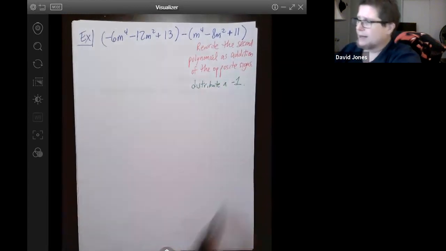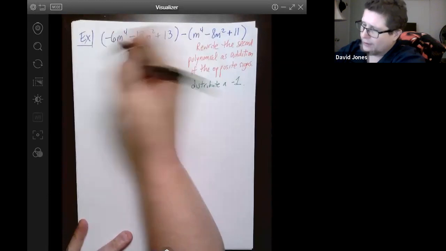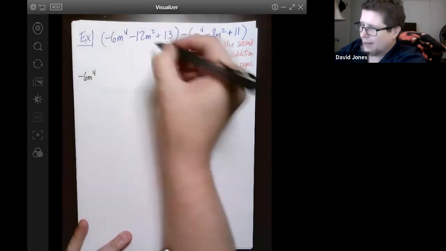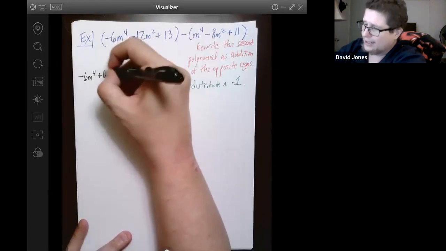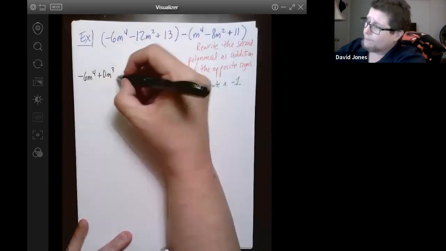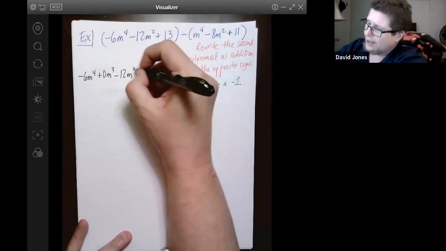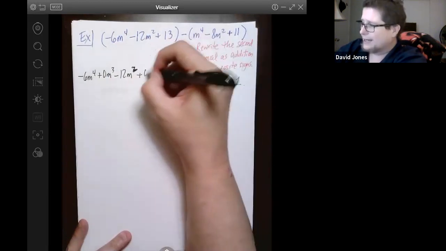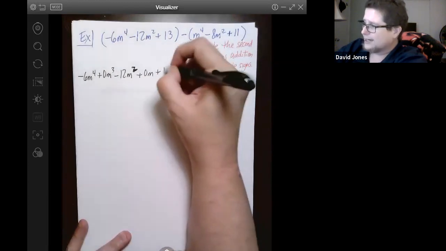So what I mean by this is I've got my first polynomial, negative 6m to the fourth. I've got no m cubed. I'm going to put that in just in case. Minus 12m squared. I've got no plain m. I'll put a 0m in there. Plus 13.